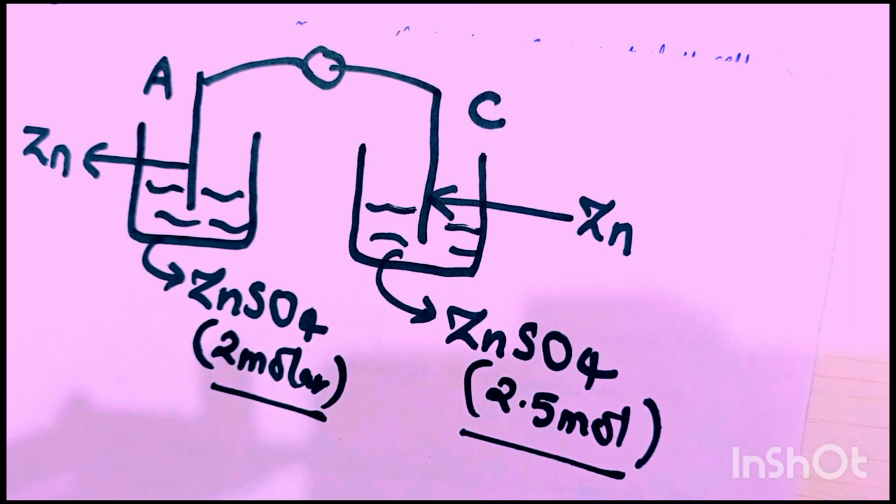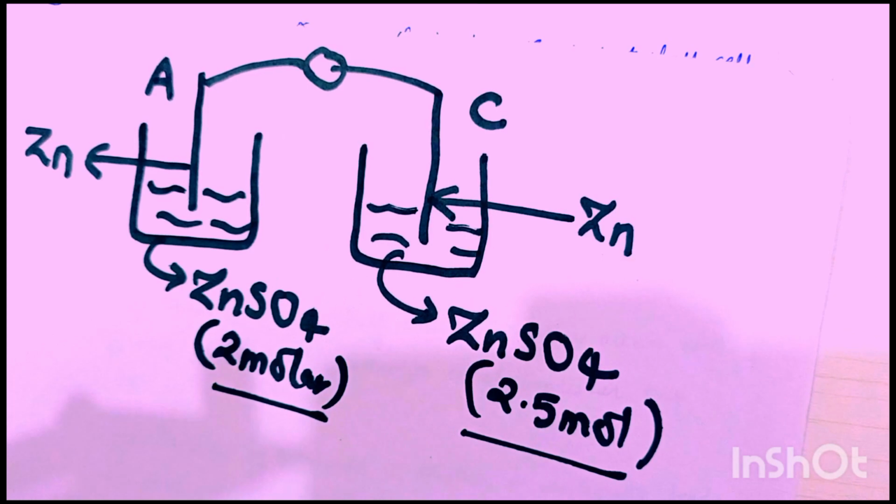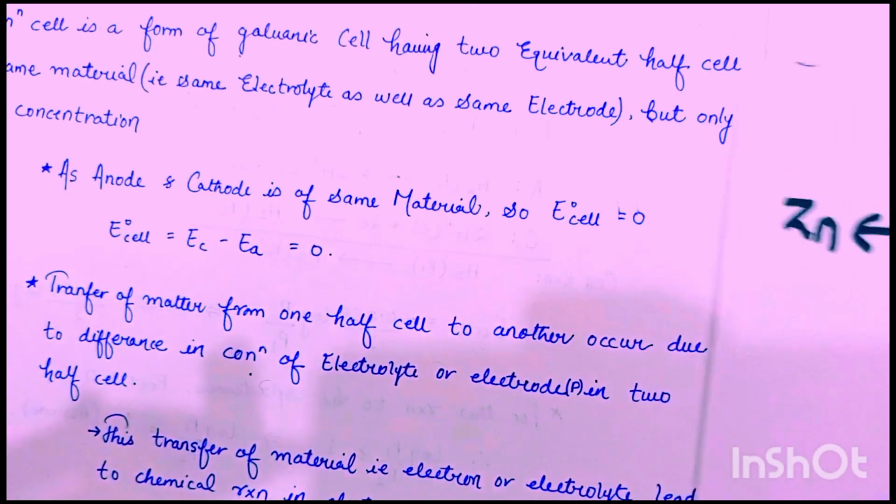A concentration cell is a special type of galvanic cell in which both the electrodes are of the same material and the electrolytic solution is of the same material, but these electrolytic solutions differ in their concentration. Now it's time to discuss the actual definition.